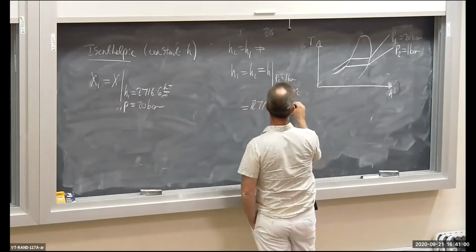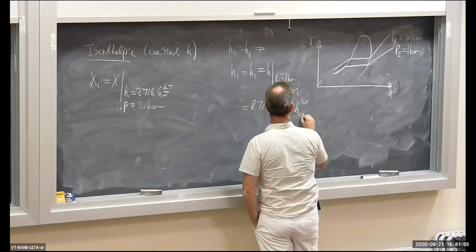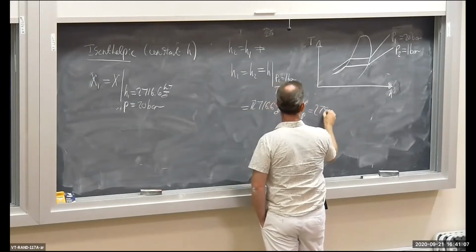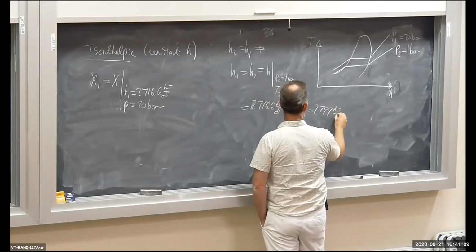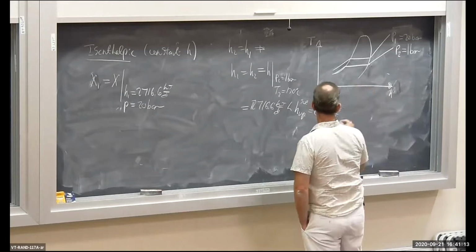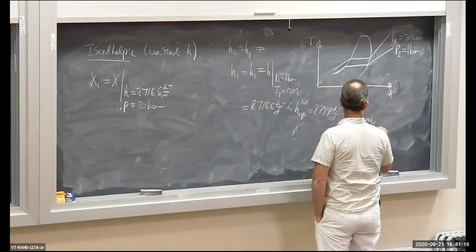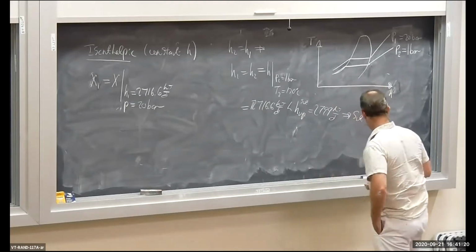So notice this is less than H sat vapor, which is 2799 kilojoules per kilogram. So we have a saturated mix at state 1.